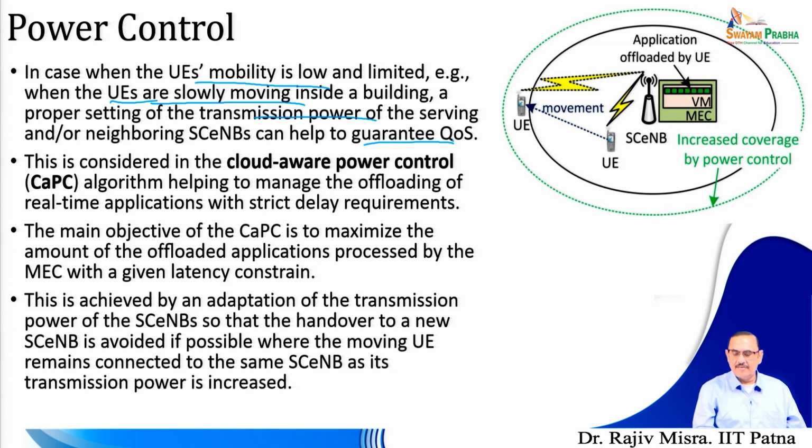So, take this particular example: if a user equipment moves under the category of low mobility, then it has to adjust the power, so that it has to increase the coverage by some power control.